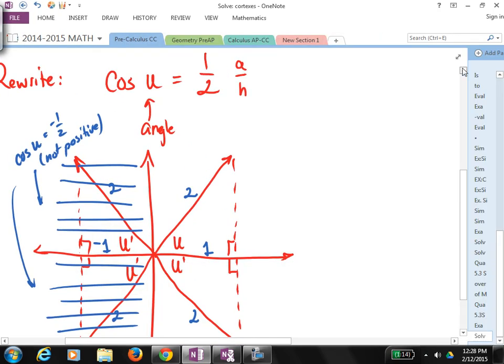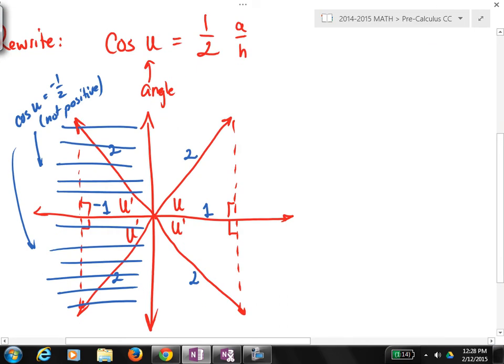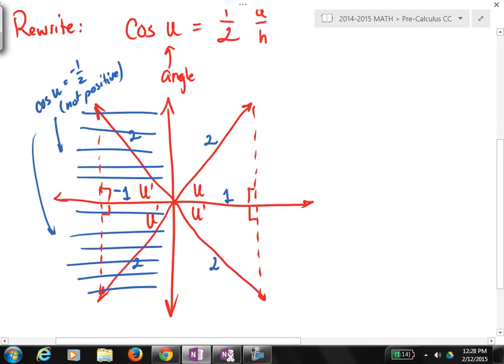Remember that the hypotenuse is always going to remain positive, regardless of the location of the terminal sides.